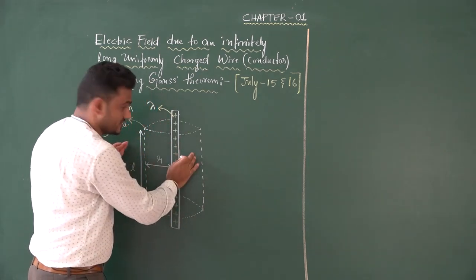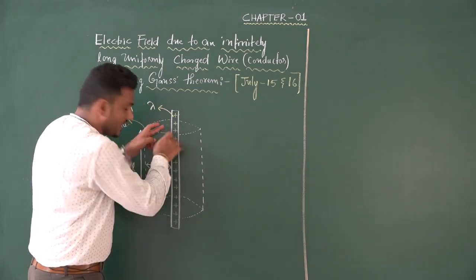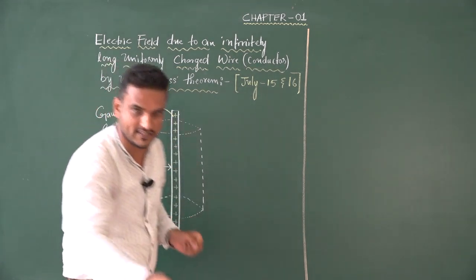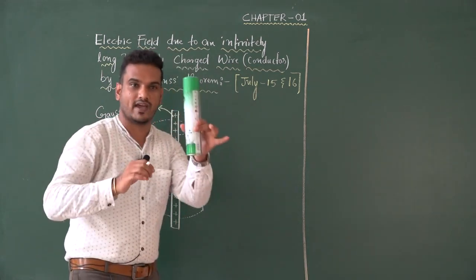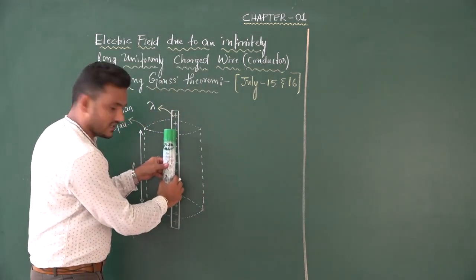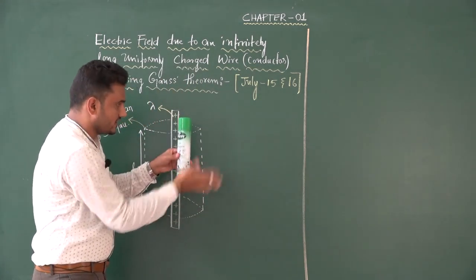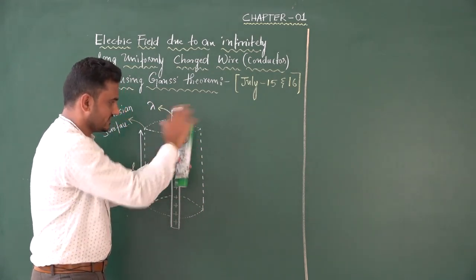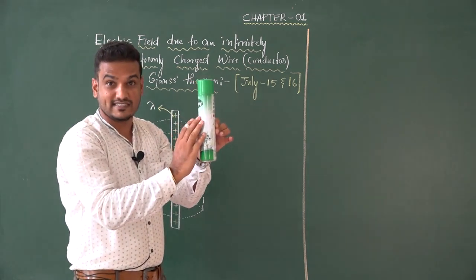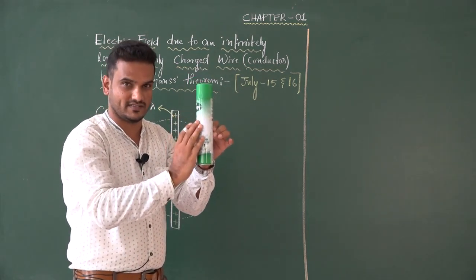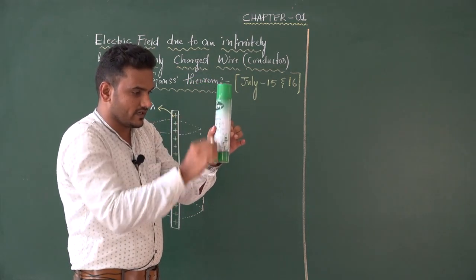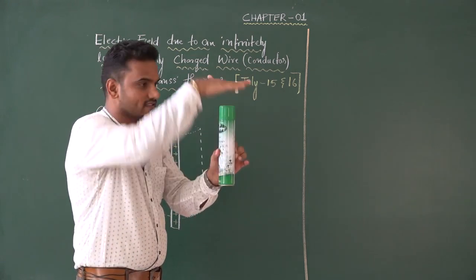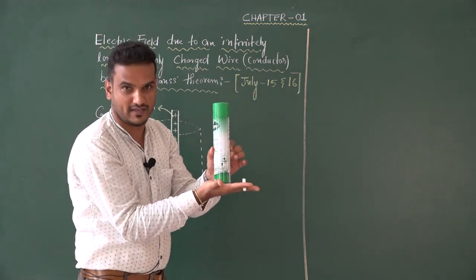One curved surface is there, and two flat circular surfaces like this, you can imagine. This is a cylindrical surface. So forget about these two flat circular surfaces for now. The complete thing is the curved surface. You just imagine this as a cylindrical Gaussian surface.